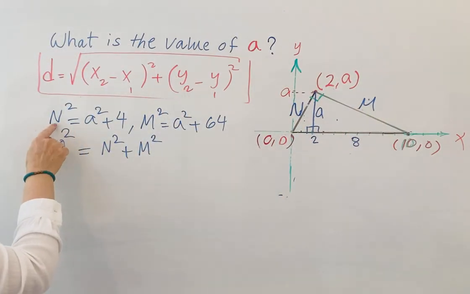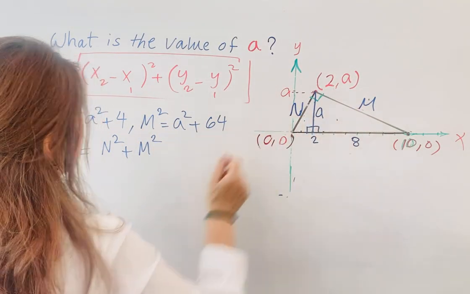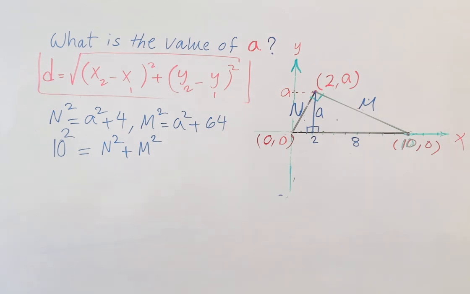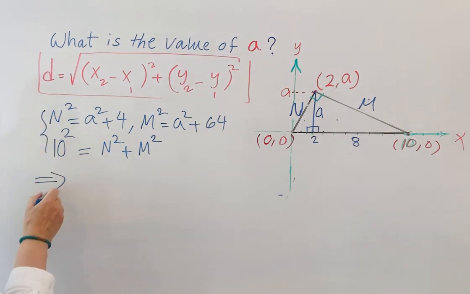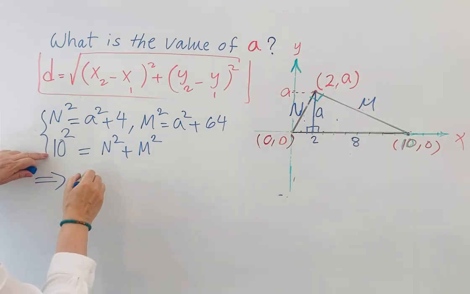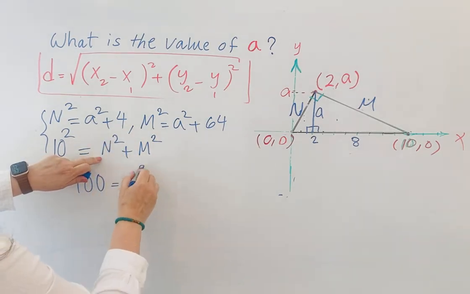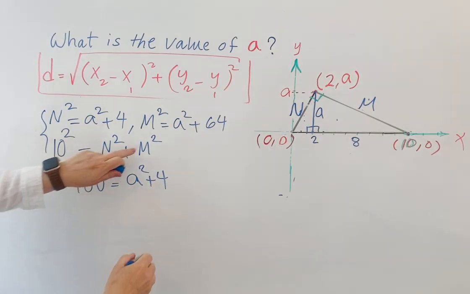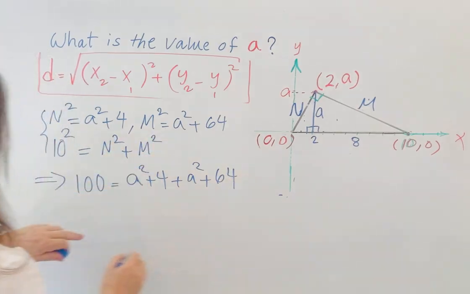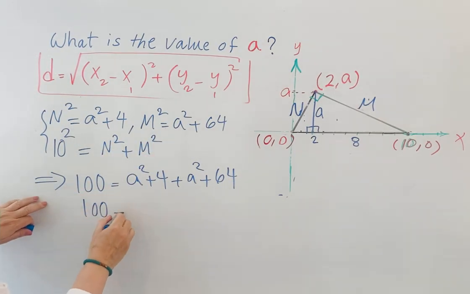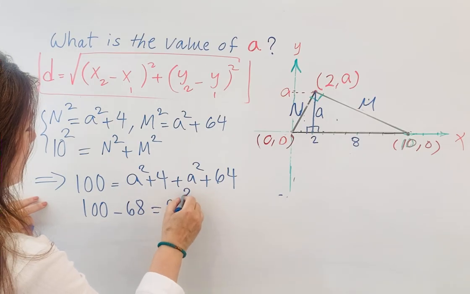We have n squared from this and m squared from these two small right triangles. Just simplify this. 100 equals n squared plus m squared, which is 4 plus 64, that is 68, plus 2a squared.